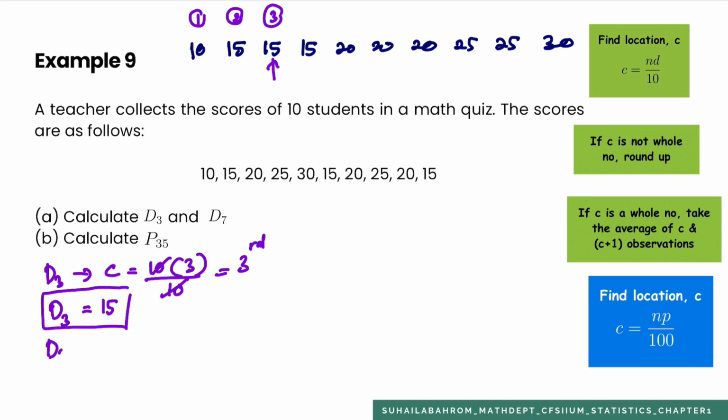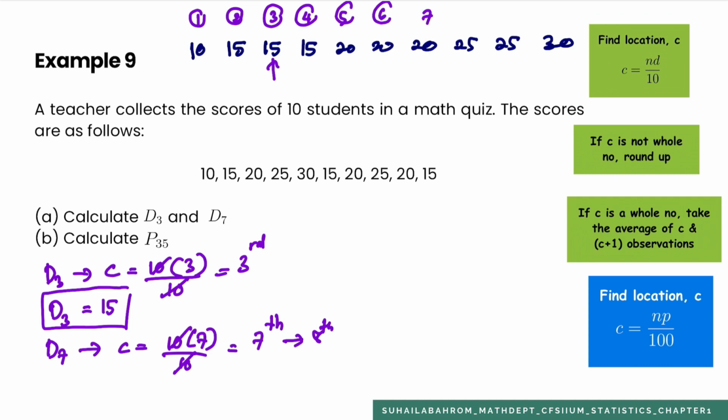And then for decile 7, same, we have to find out the location: 10 times 7 divided by 10. So you will get the 7th location, but you have to take the average of the 7th and 8th locations. So this is the first observation, second, third, fourth, fifth, 6, 7, 8, 9, and 10. The 7th and the 8th locations are the values of 20 and 25. Therefore, decile 7 is equal to 20 plus 25 divided by 2.